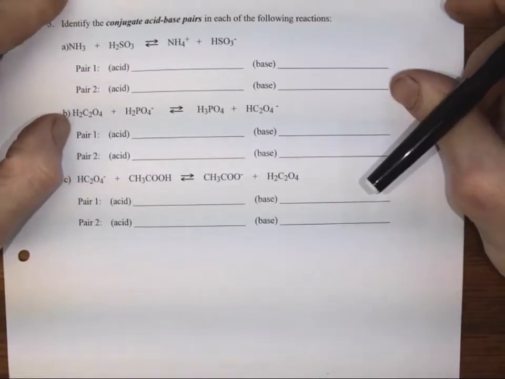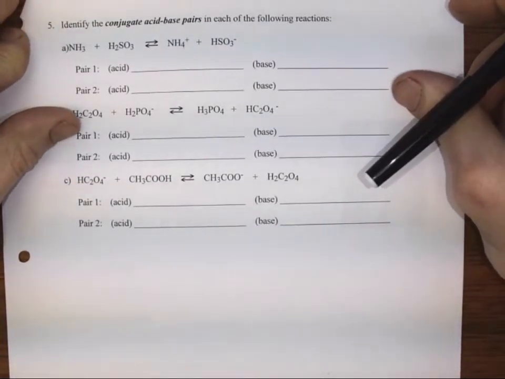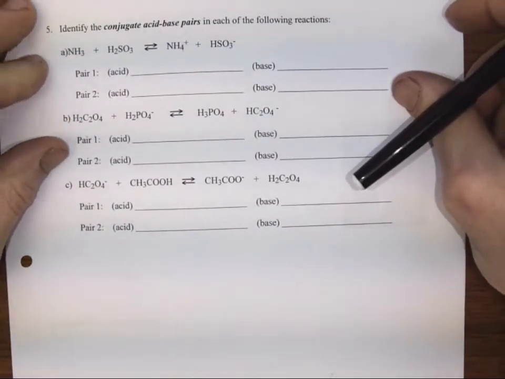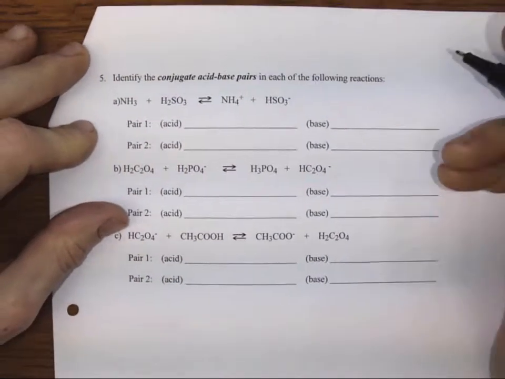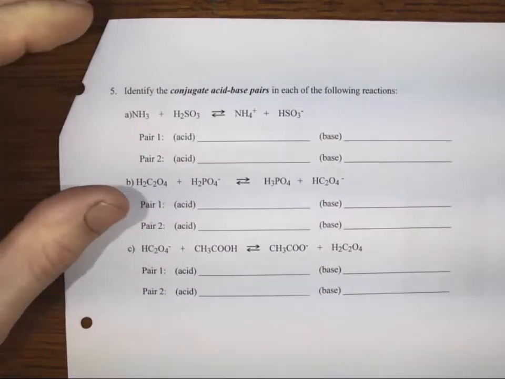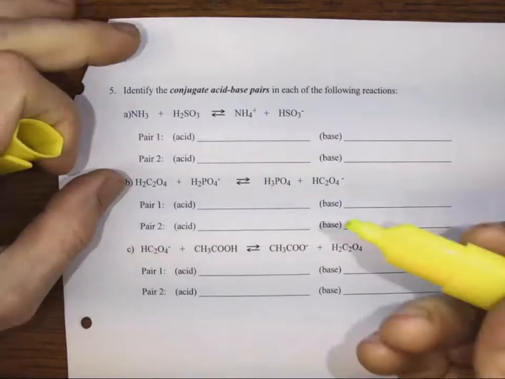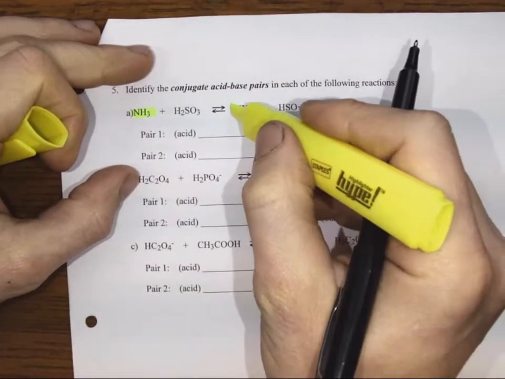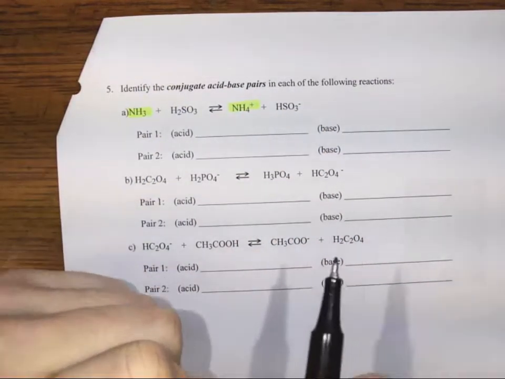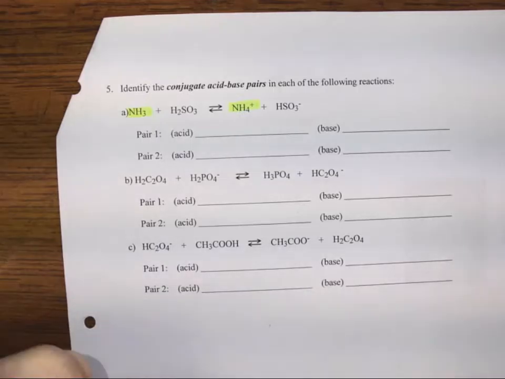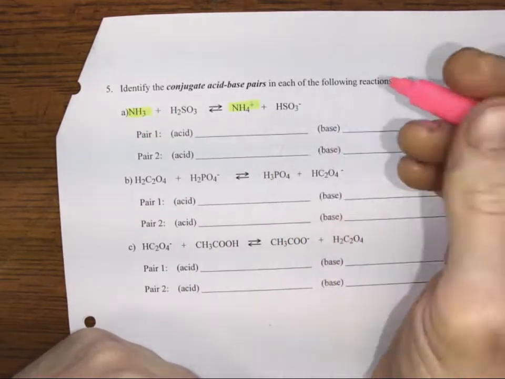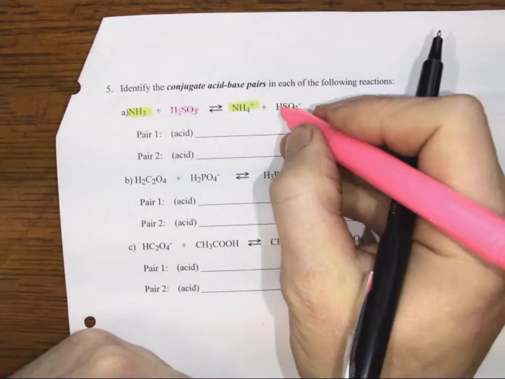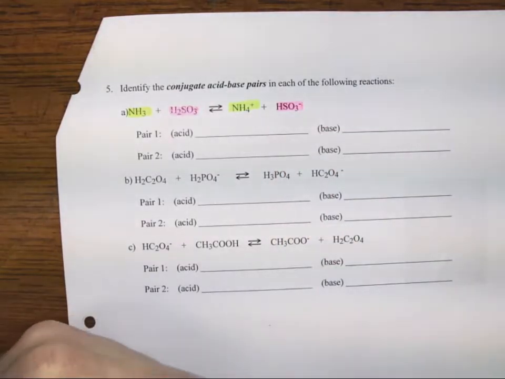Alright, moving on. So lastly, we identify the conjugate acid-base pairs in the following reaction. Okay, so we're going to start by figuring out, well, which things correspond. So you guys are a pair because, as we can see, there's an increase in proton, but other than that, everything's pretty much the same. Same with these guys.